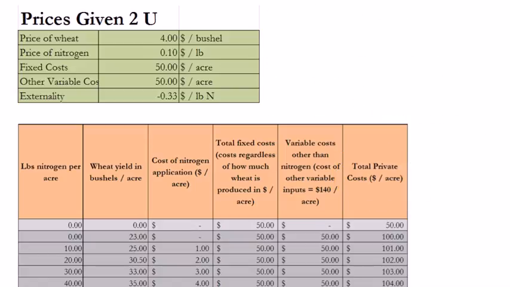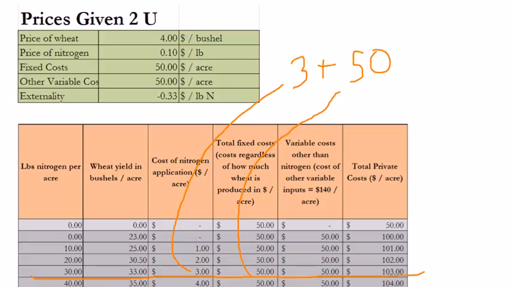And again, let's look at the case of 30 pounds of nitrogen per acre. We see that the cost of nitrogen is $3. The fixed cost is $50.